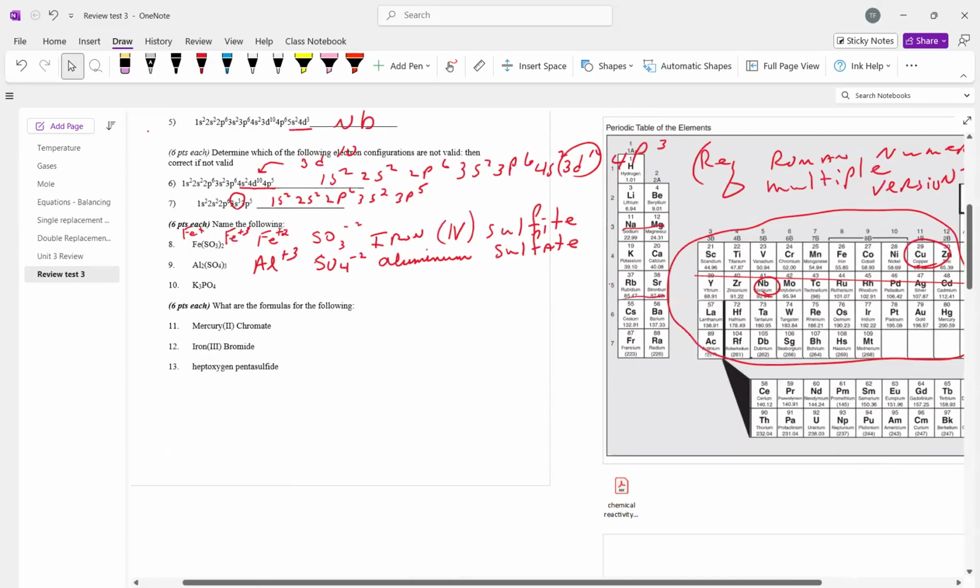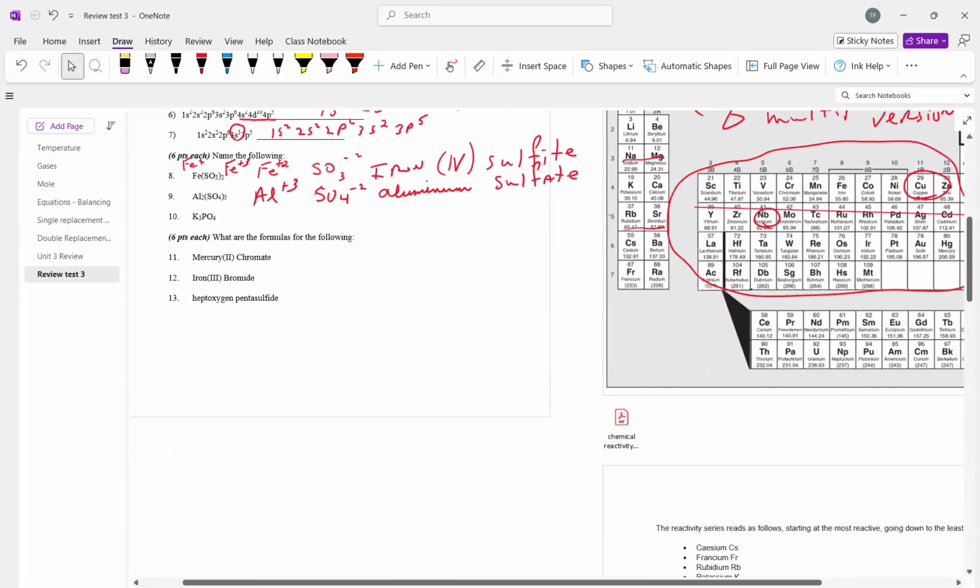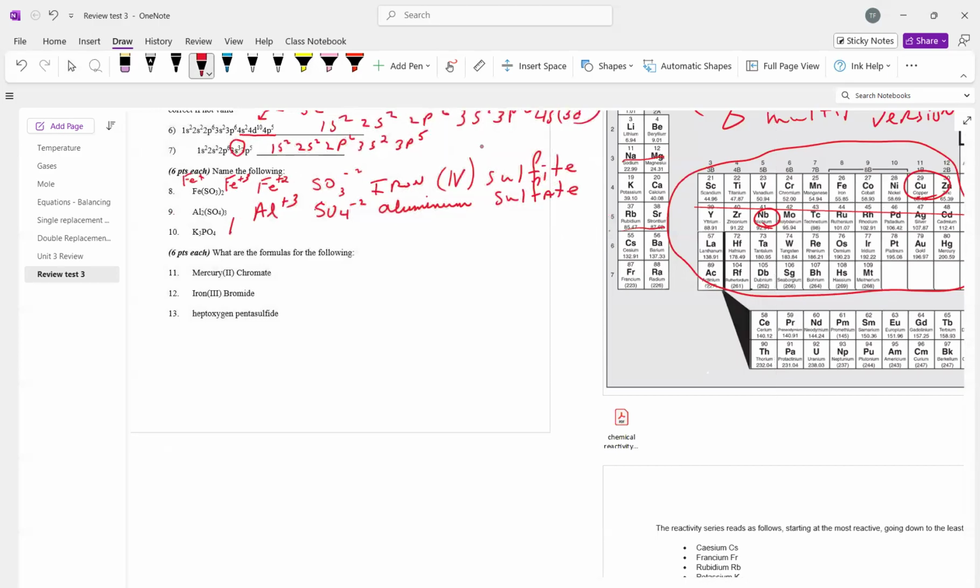And then lastly, we have K3PO4. K is +1 always, because it's not in the middle. And PO4 is a -3. That's why there are 3 K plus 1s to balance the PO4.